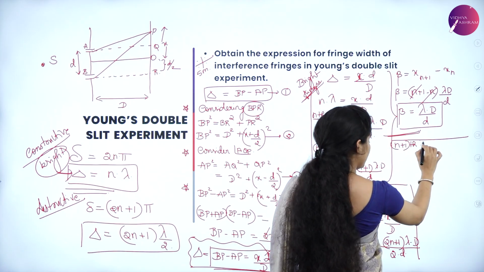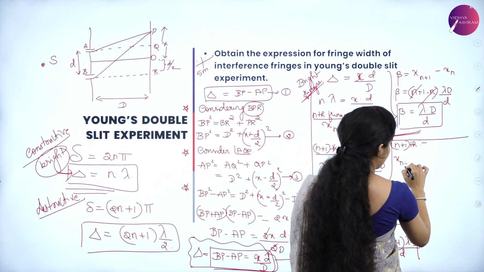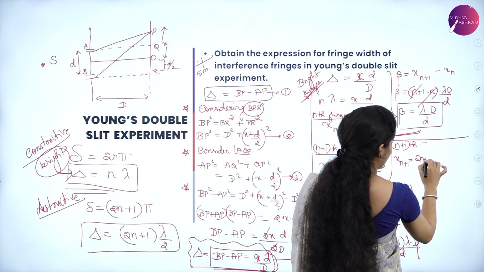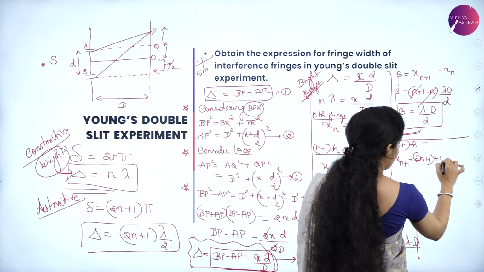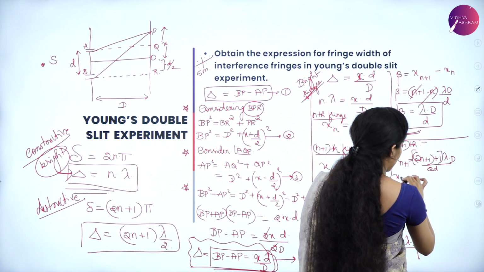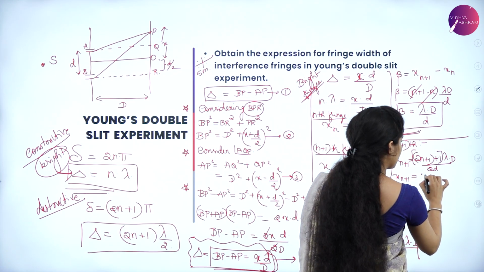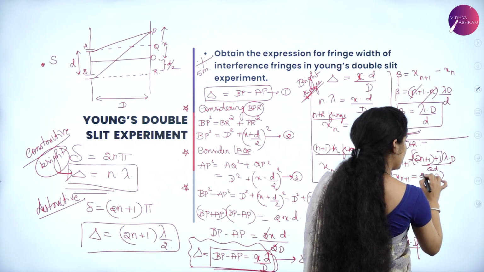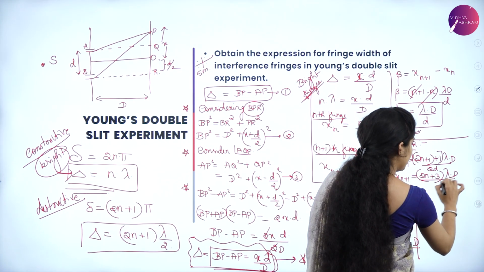we have x_(n+1) equal to (2(n+1)+1)λD by 2d, which is (2n+3)λD by 2d.